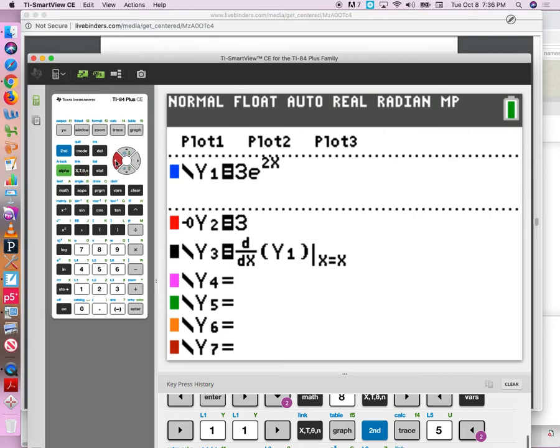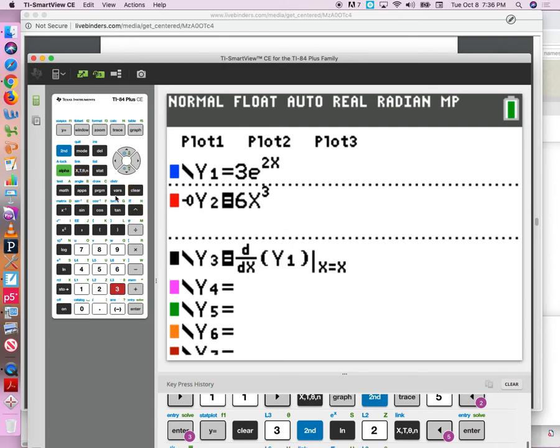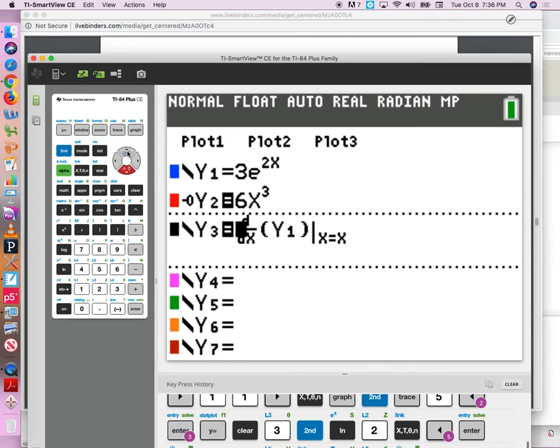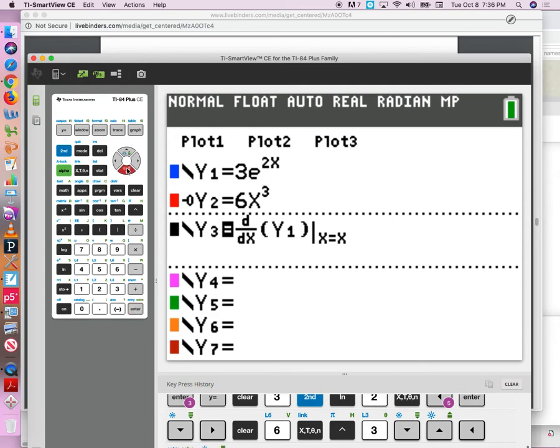And I don't want that graph, so I'm going to turn it off. And turn them on and off. And just for argument's sake, let's say that we didn't know the derivative of the other one, which was 6x cubed. I think I'll double check. I don't want to look at that one right now, so I'm going to turn it off. All I want to do right now is look at my derivatives.